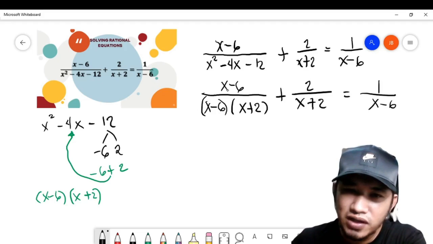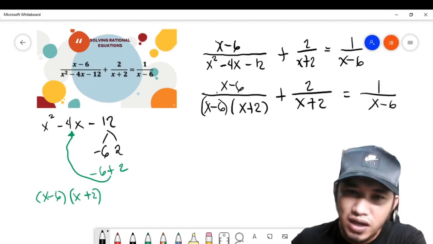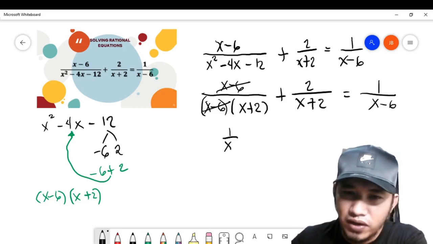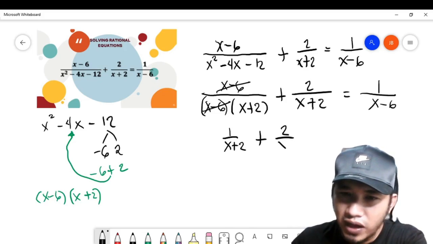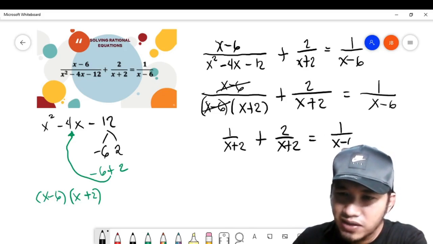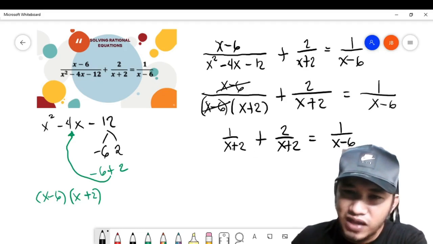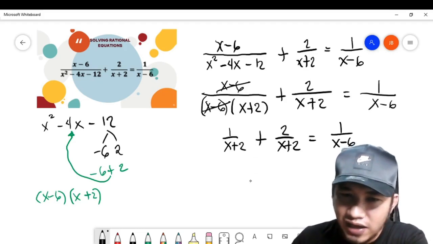So as you can see, the first numerator is may kamukha sa denominator niya. So cancel. Ang naiwan is 1 all over x plus 2 plus 2 all over x plus 2 is equal to 1 all over x minus 6. So the same yung kanilang denominator, so i-add lang natin sila.